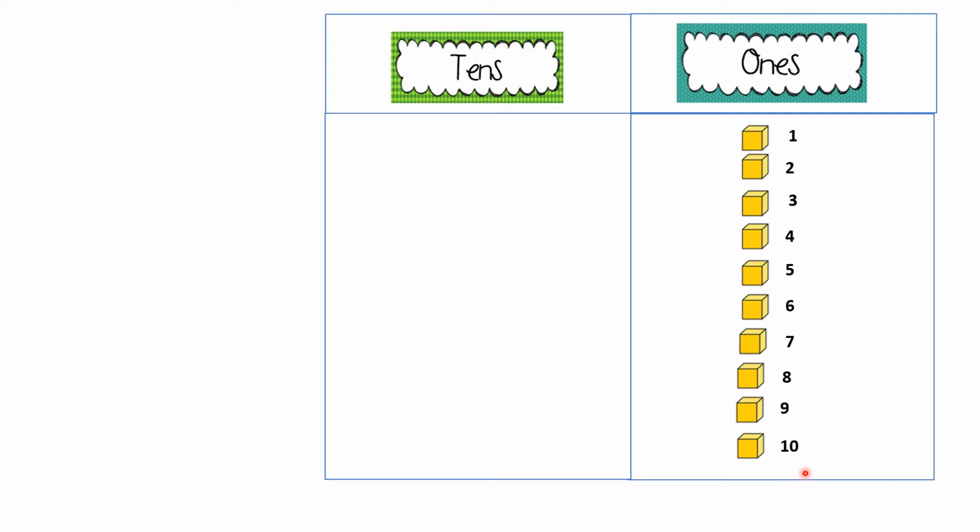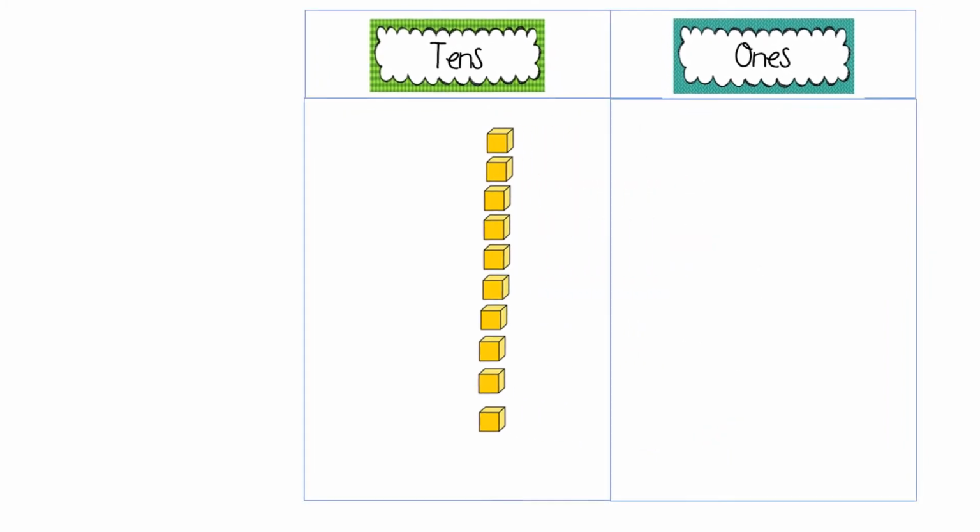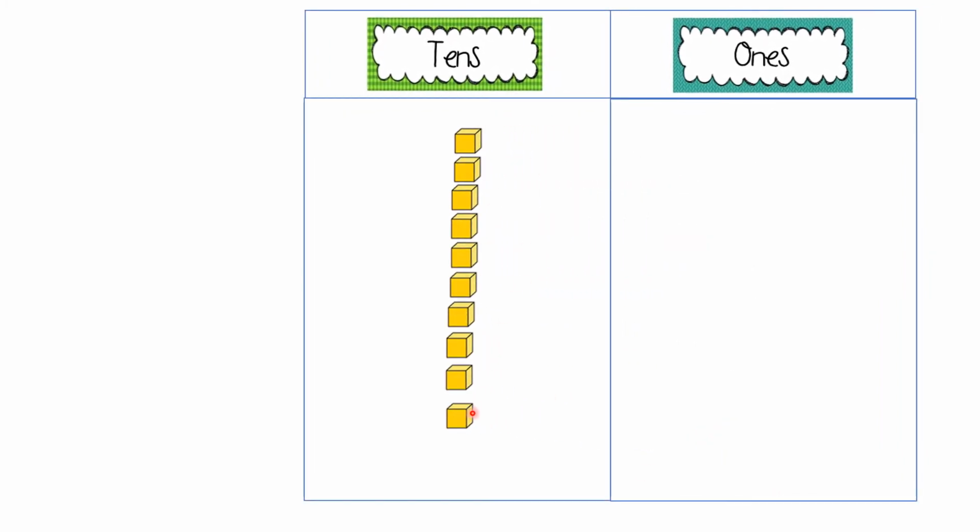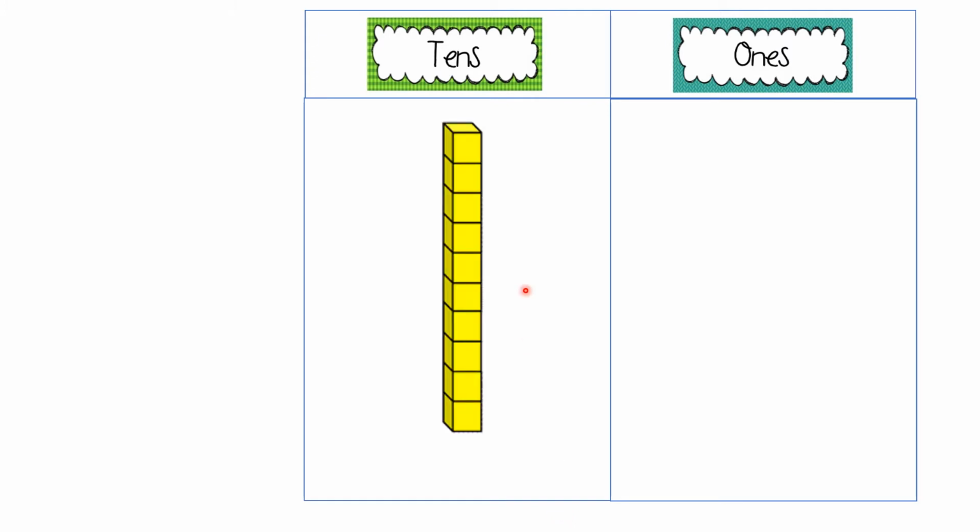So what we will do now is shift all these together. We should not write 10 here. Now we will move it to the tens place. You can count it here: 1, 2, 3, 4, 5, 6, 7, 8, 9, 10. Together we will make it a 1 ten rod. Count again: 1, 2, 3, 4, 5, 6, 7, 8, 9, 10.